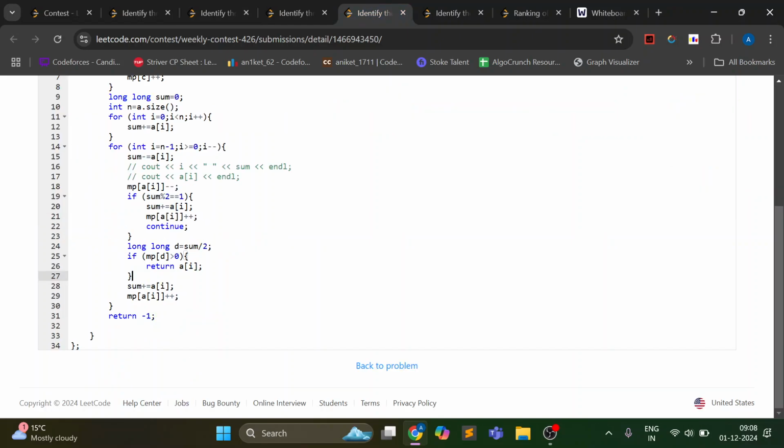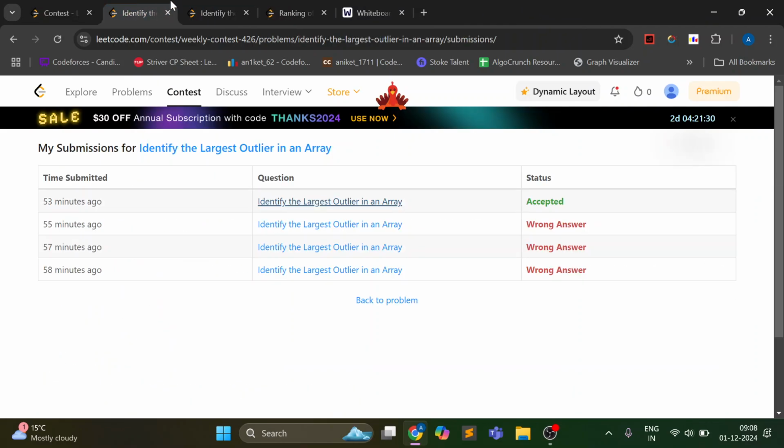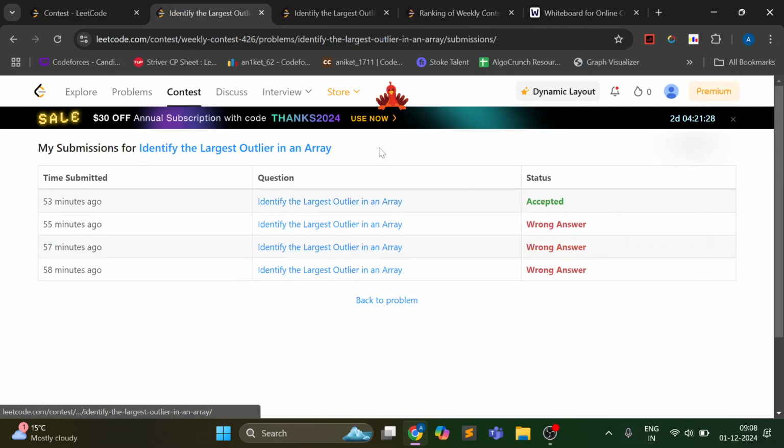That was one of the mistakes. Another mistake was not decreasing the frequency of the outlier itself. If I don't do this, it might consider that outlier's frequency here. So this was another mistake. I think these were the two mistakes which I was making and got these three wrong answers.